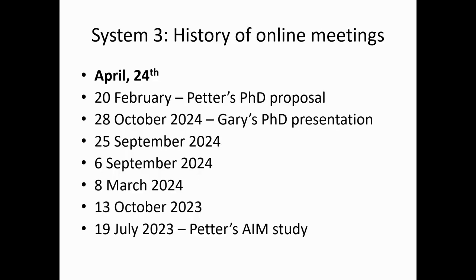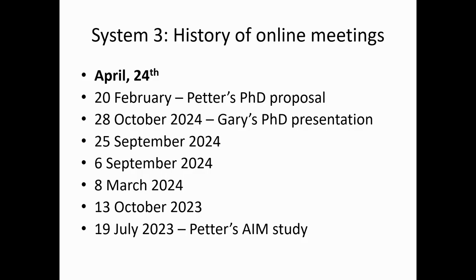And so how do we control the progress and make sure it moves in the right direction? Well, these are at least some of the meetings we have had, the ones I managed to identify going through the logs. We may have had more than those. Last time we looked at my PhD proposal.